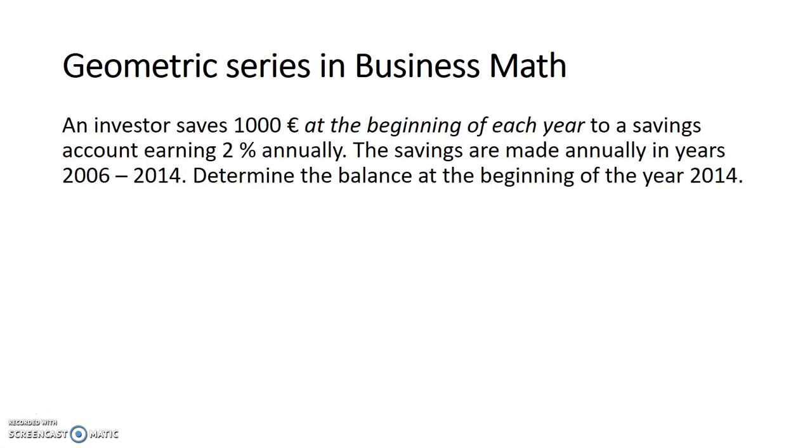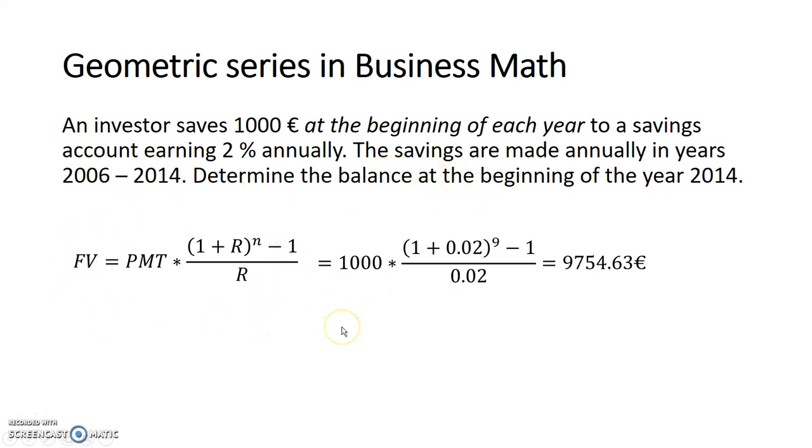So let's summarize this calculation. So we would be applying this last step, the future value formula for a case like this, and the calculation looks like this. And one important thing I want to focus and point out. The last deposit was made at the beginning of 2014.